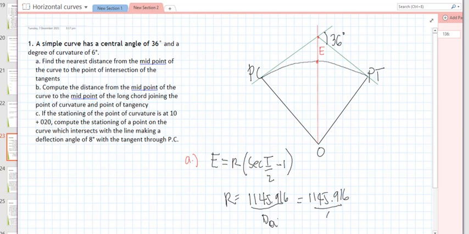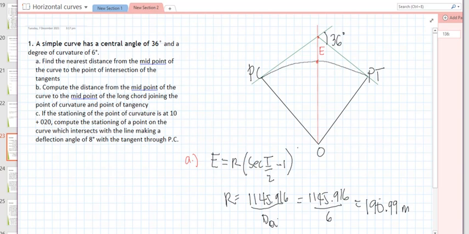Divided by 6. So 1145.916 divided by 6. That is equal to 190.986. So R is equal to 190.986. 99 na lang meters.